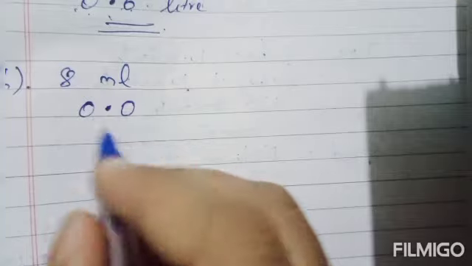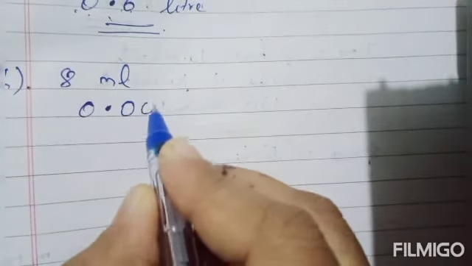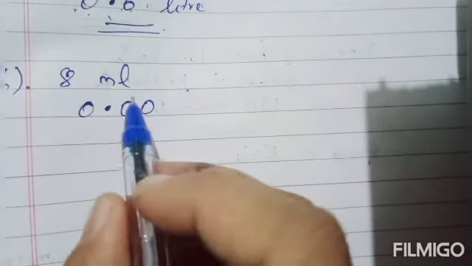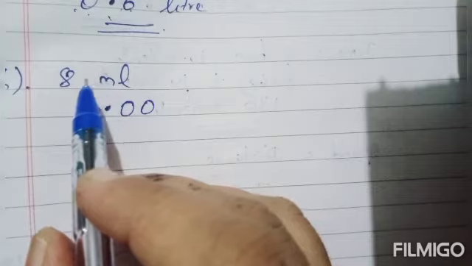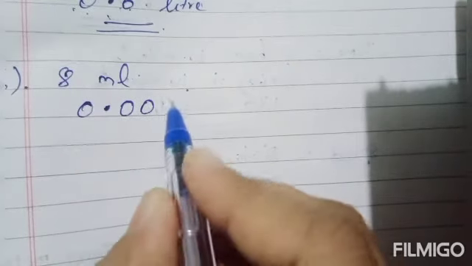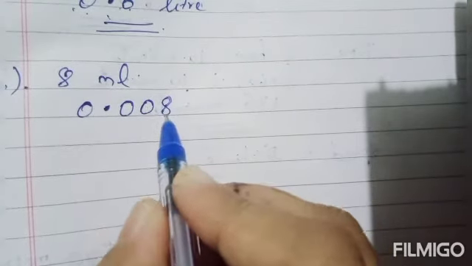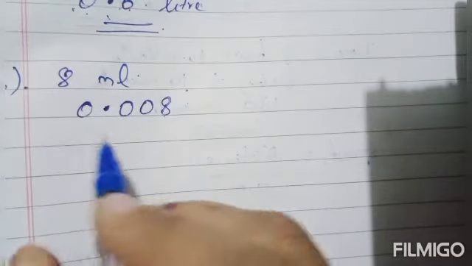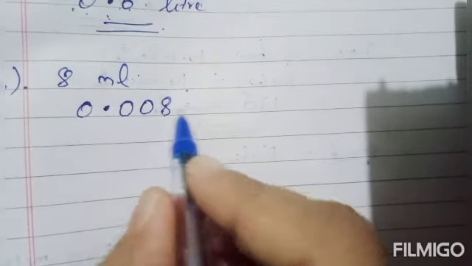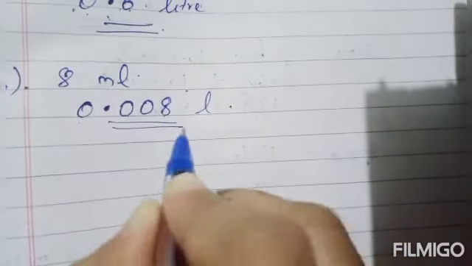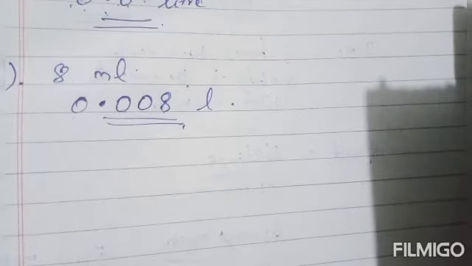After that, 100th place is also 0 because centiliter is not given in the question. Now 8 milliliter is given in the question. So in 1000th place you can write 8. 0.008 liter. This will be the answer.